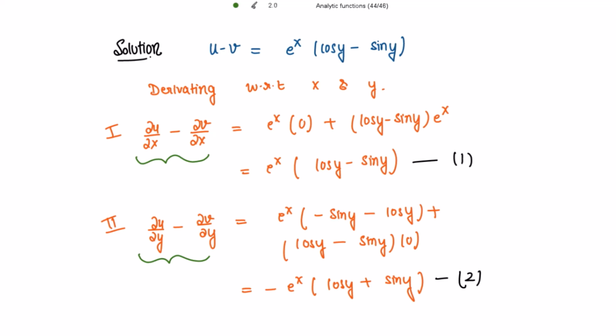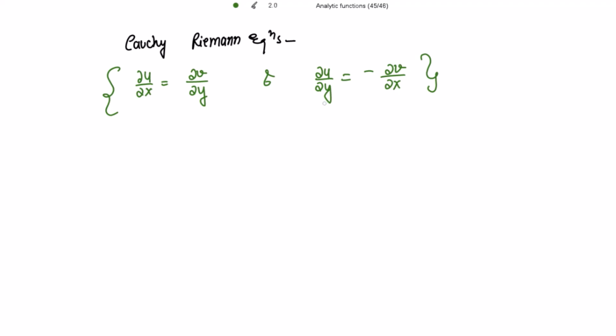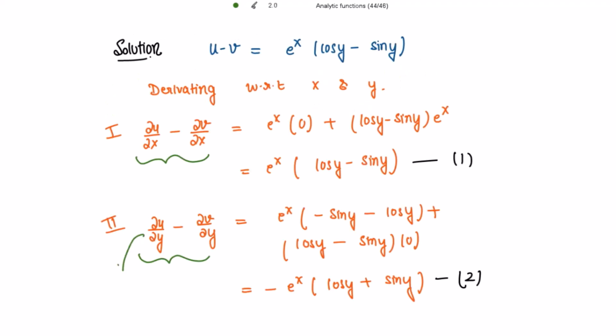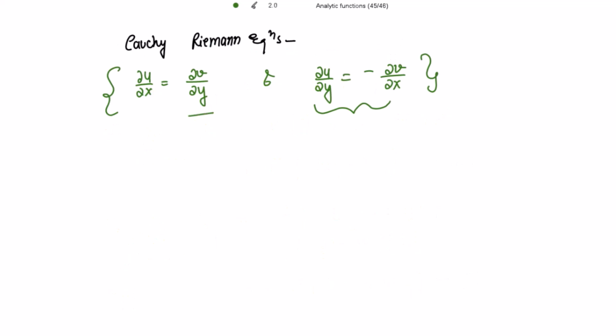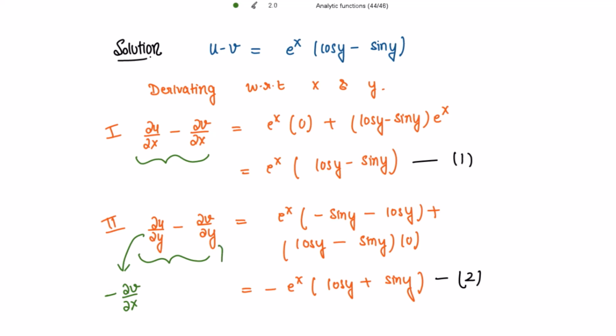Now from the Cauchy-Riemann equations I know that ∂u/∂y is -∂v/∂x, so I can write in place of this negative of ∂v/∂x. And ∂v/∂y is ∂u/∂x, so I can use here ∂v/∂y as ∂u/∂x. So let's write this.